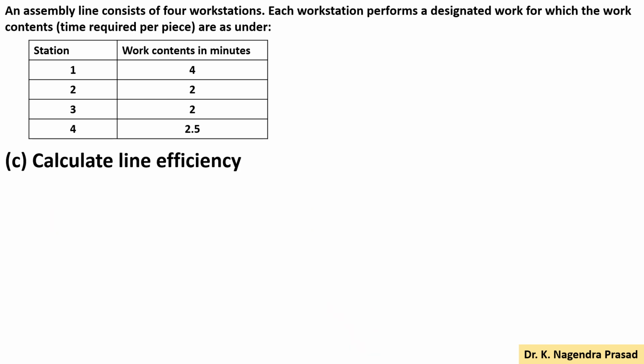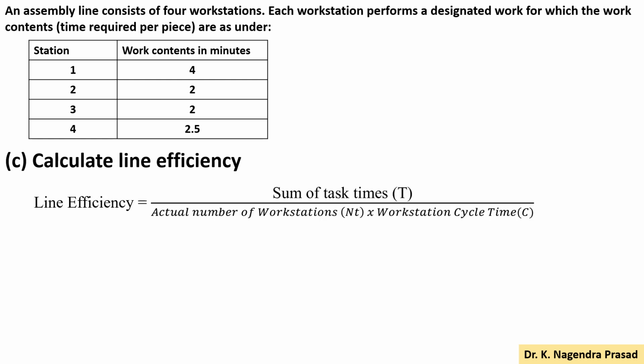Next question is to calculate line efficiency. We know line efficiency equals the sum of task times divided by the actual number of workstations times the workstation cycle time, and the sum of task times equals the total of the times of each workstation. So the sum of task times is 4 plus 2 plus 2 plus 2.5, which equals 10.5 minutes.